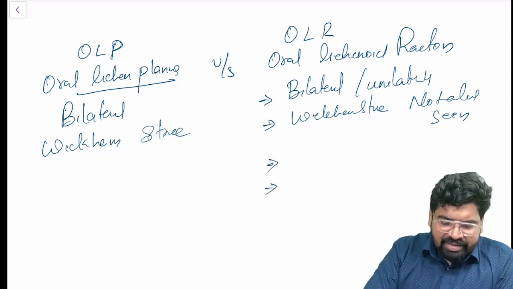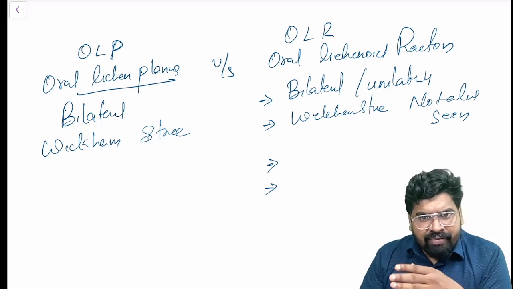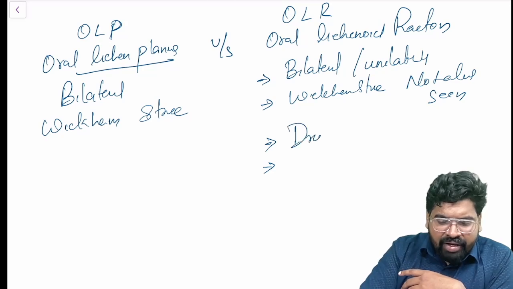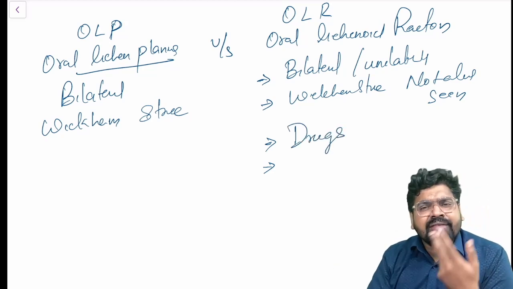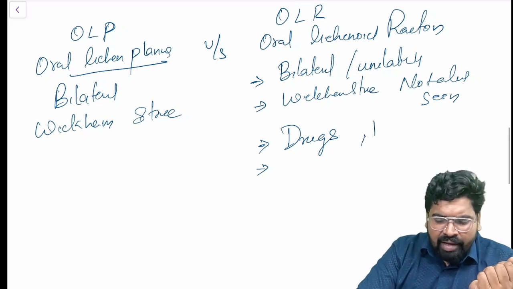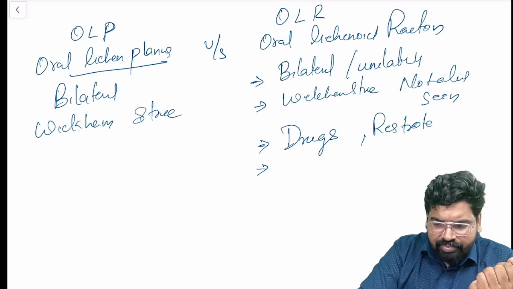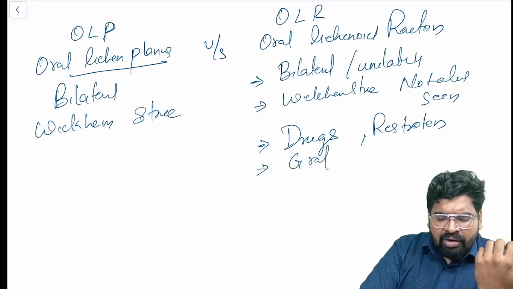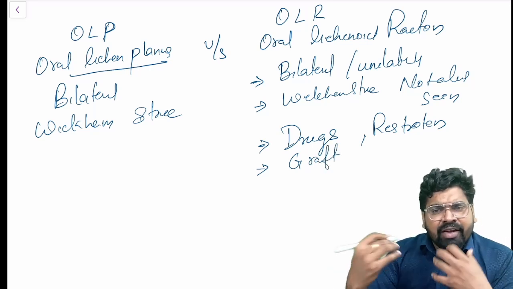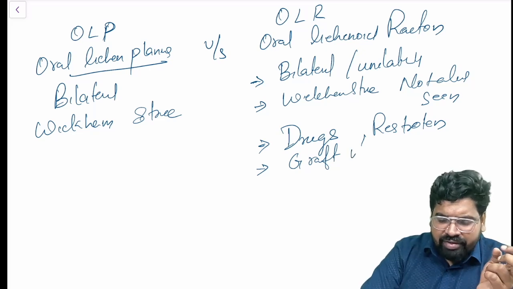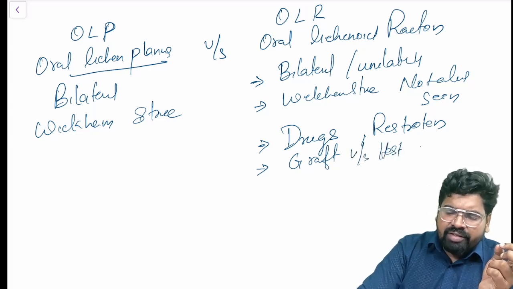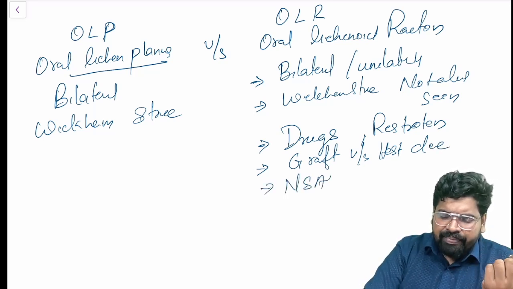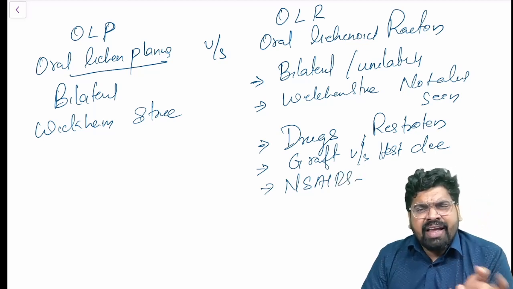The difference is that oral lichenoid reaction will always be due to some underlying factor. The person may be having some kind of medications, or a restoration, or graft versus host disease, or some kind of foreign implantation, antibiotics, NSAIDs, beta blockers, any drugs.